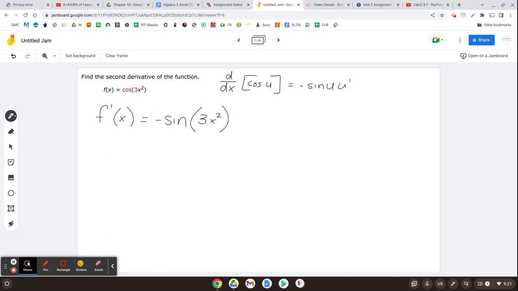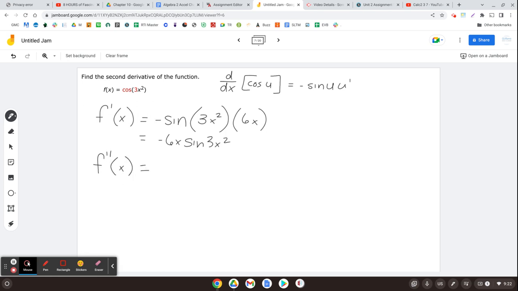What's the derivative of 3x squared, Camila? 6x. 6x, that's right. So what we will call that is negative 6x sine 3x squared, okay?